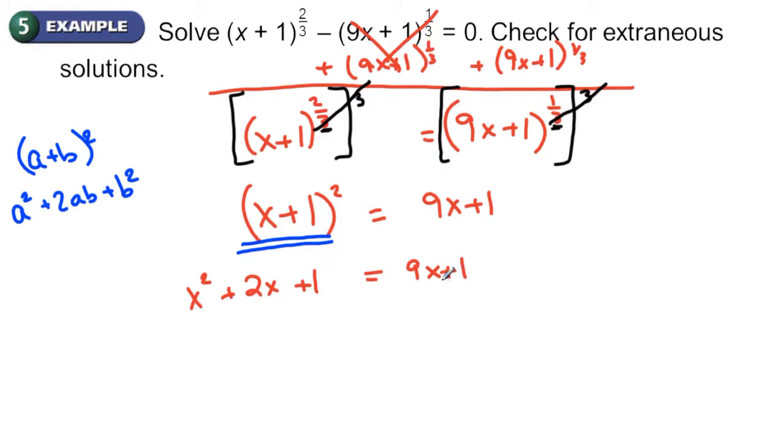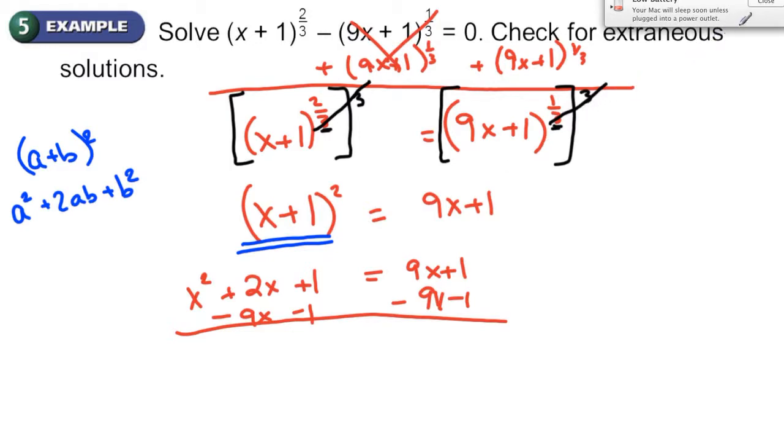I am going to choose to leave the equation on the left side. So let's subtract 9x from both sides, and let's subtract 1 from both sides.